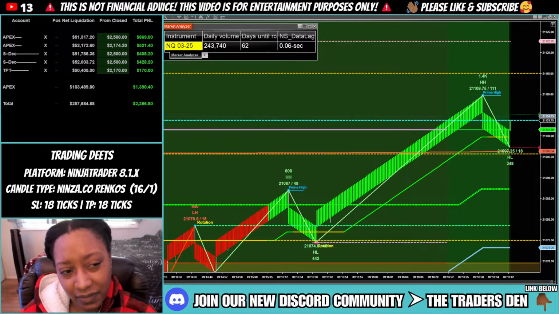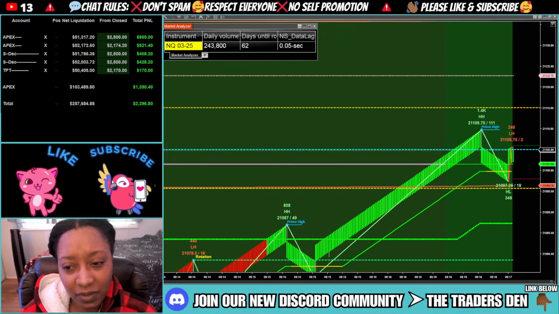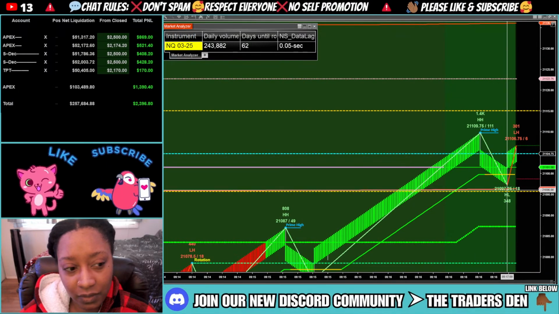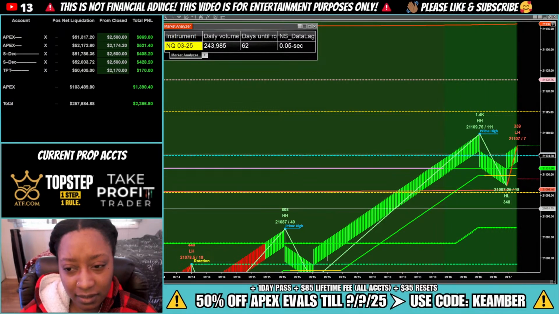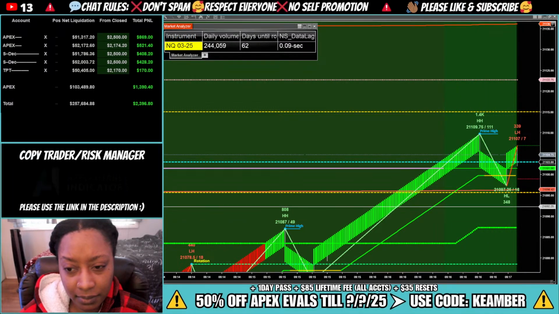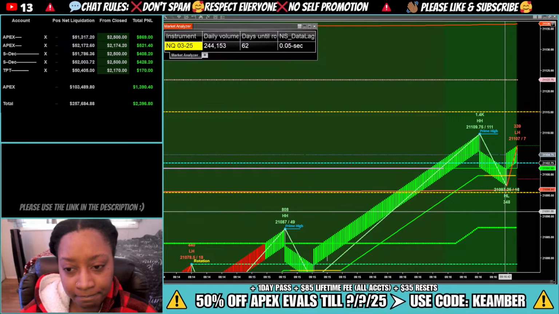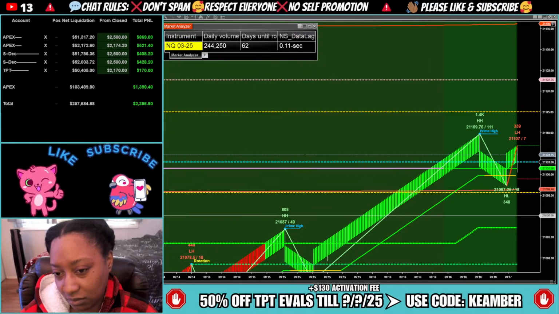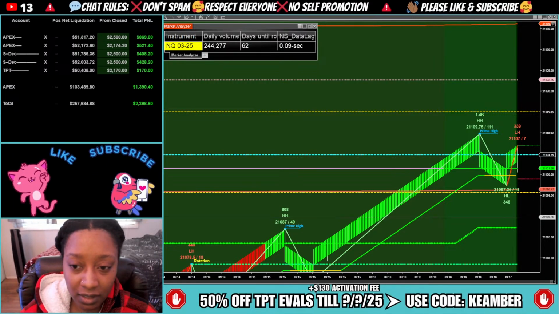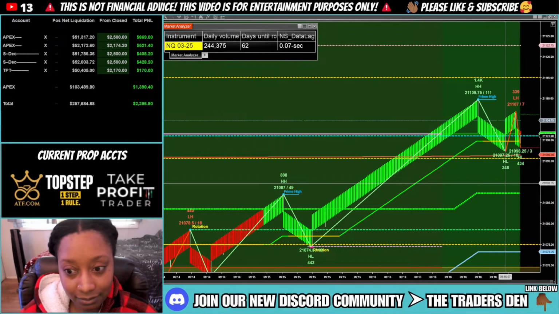I don't really know if I trust that. I'm gonna be kind of mad if this wins, but I'll be okay because I don't normally take trades off of the solo green line. So I don't like using that as a level. Yeah, and see, we had the loss. I don't like using that as a level personally, and that's why I didn't.